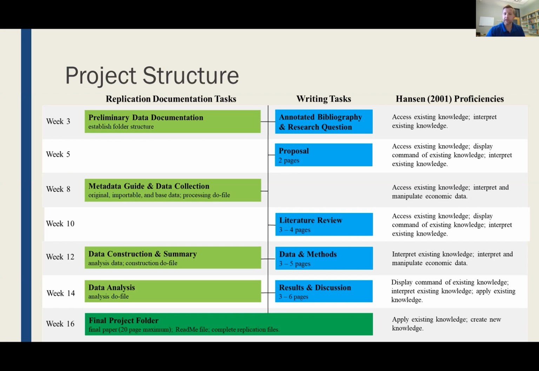They develop an annotated bibliography, they develop a research question, and you can see then the different tasks as we progress through the semester: a proposal, a metadata guide, a literature review, their data and methods section, the results section, and then of course pulling it all together at the end with the final project folder, which includes the final paper, a README file, and all of the other documentation necessary so that I, in grading it, can click through their do files, execute them all, and reproduce the regressions and the results that they've developed.